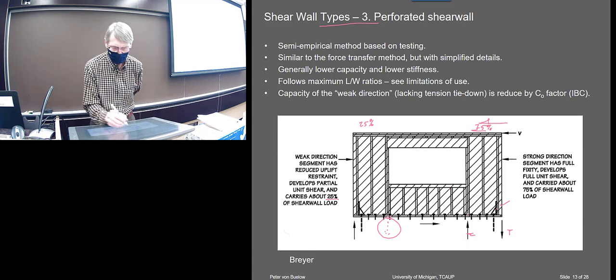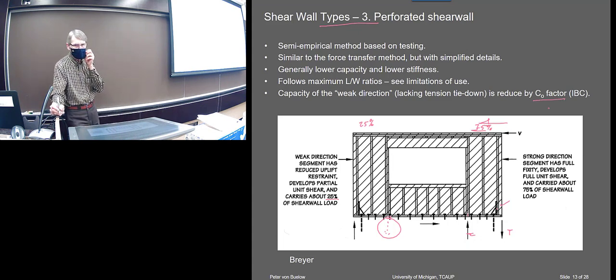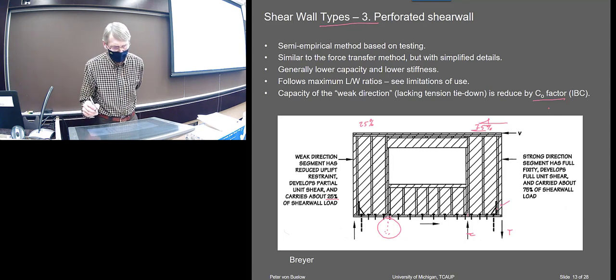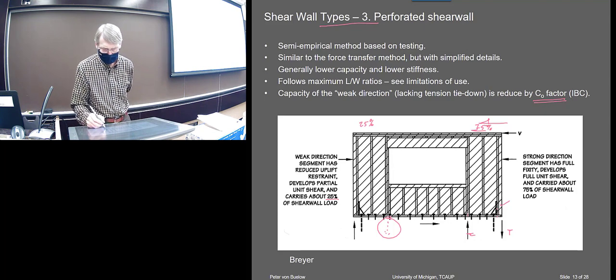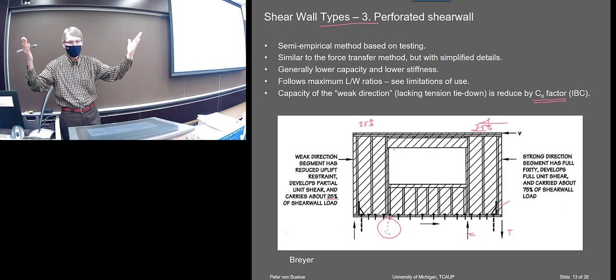In calculating that, there actually is a factor, and you have to go to the IBC. I don't think it's in the SPIDWIZ. I'll have to look, maybe it is, but in the IBC they give this factor that lets you proportion the load between those two, and it depends on the width and something.